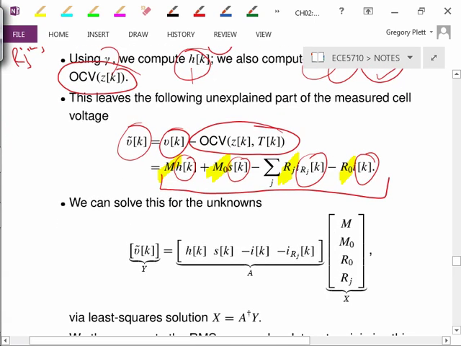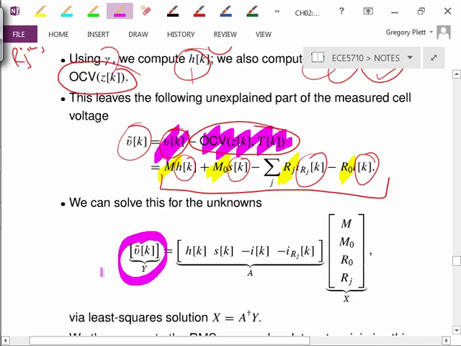I can arrange this V tilde into a matrix vector form where every row of this equation corresponds to one voltage measurement. I compute this, right? This is measured. This is computed because I know state of charge and temperature. So V tilde is known at every point in time in my test.